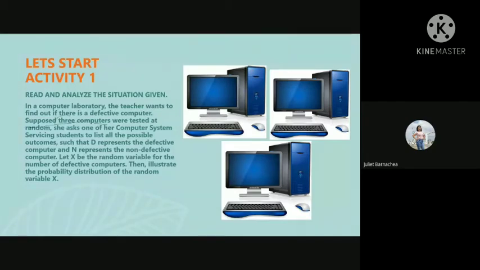So we will list down all the possible outcomes such that D represents the defective and N represents the non-defective. Our random variable is the number of defective computers. So ibig sabihin, ito yung bibilangin natin mamaya as we have the list of all the possible outcomes.